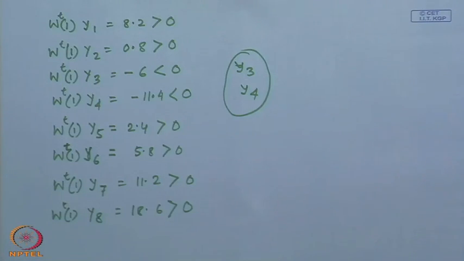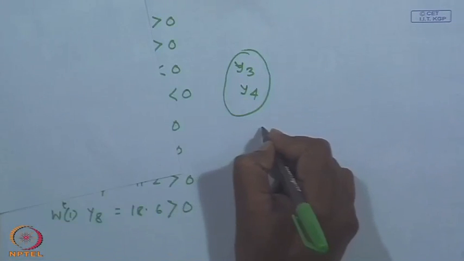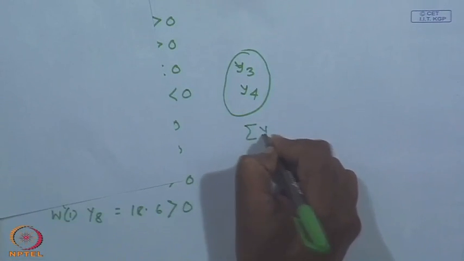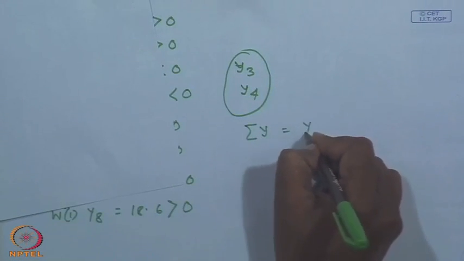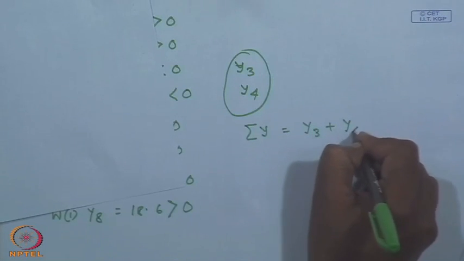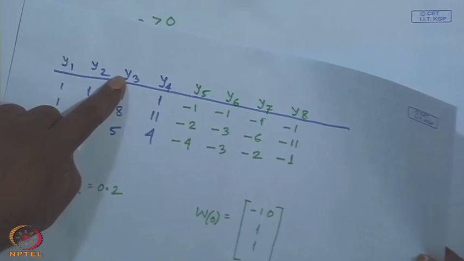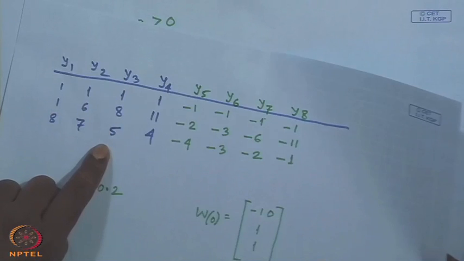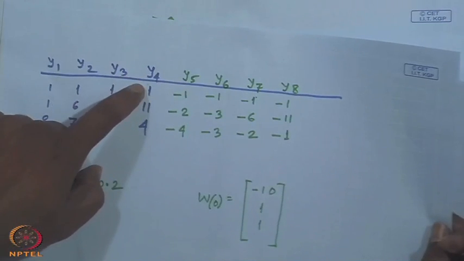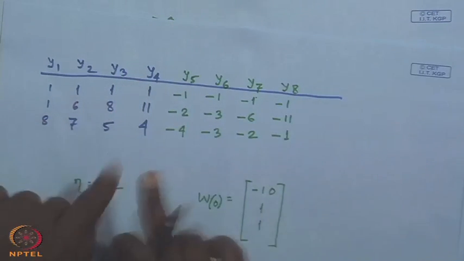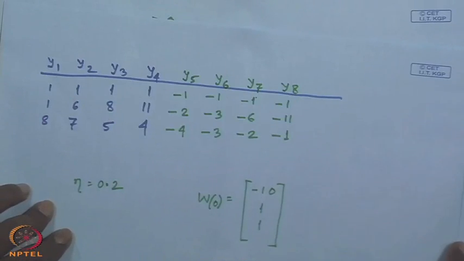And if I add this y3 and y4, so the sum of y is nothing but y3 plus y4. You find that y3 is this 185 and y4 is 111.4. If I add these two, I get 2, 19 and 9.